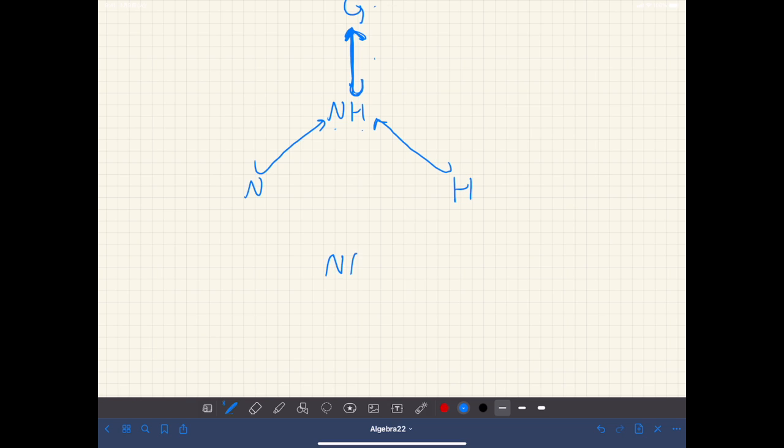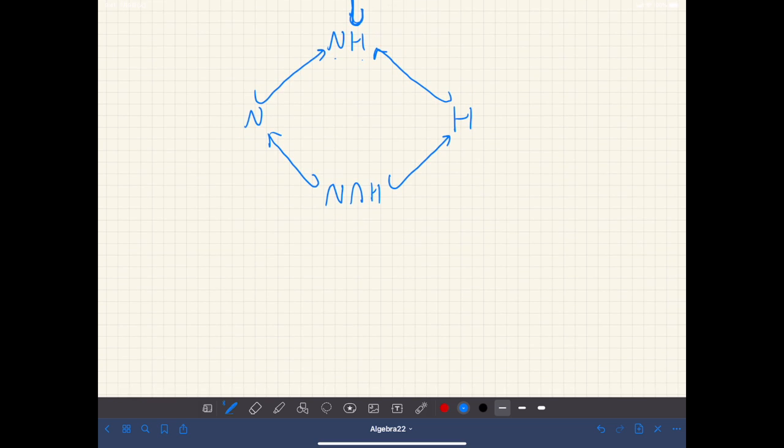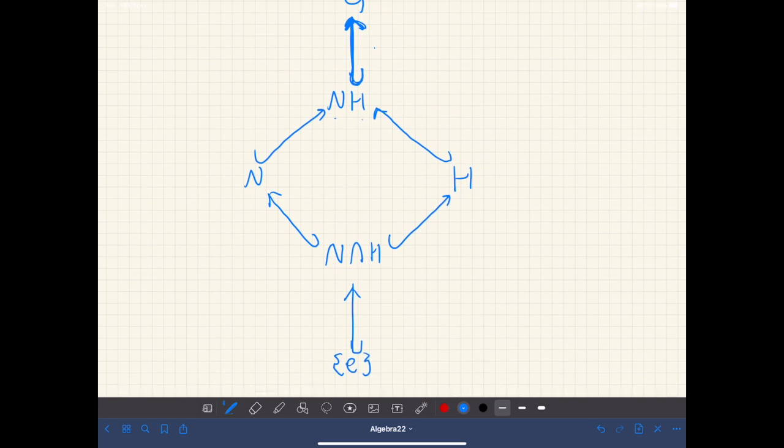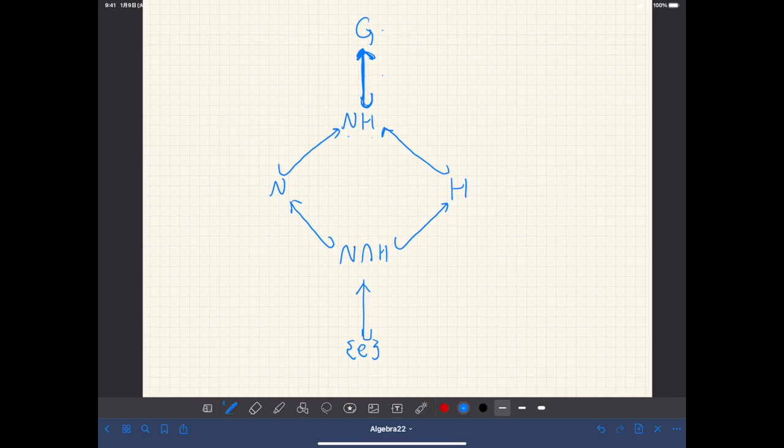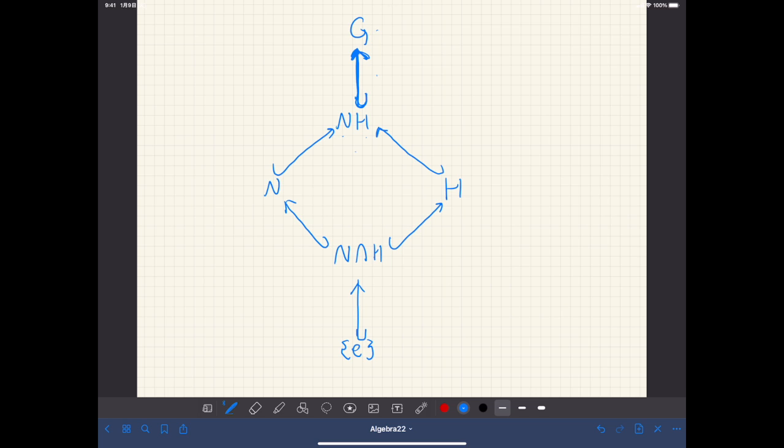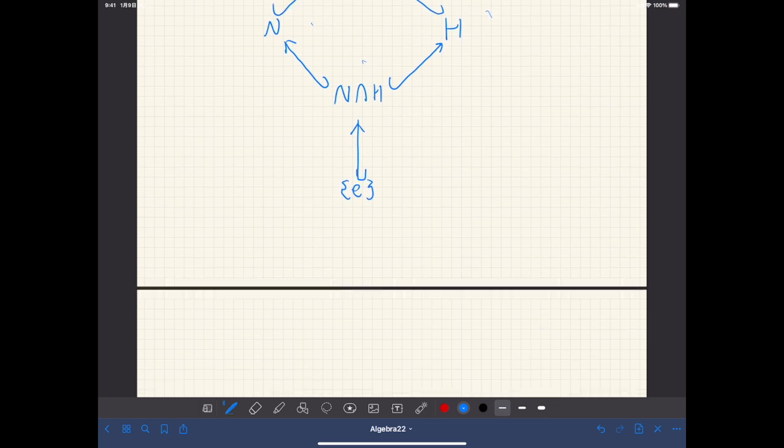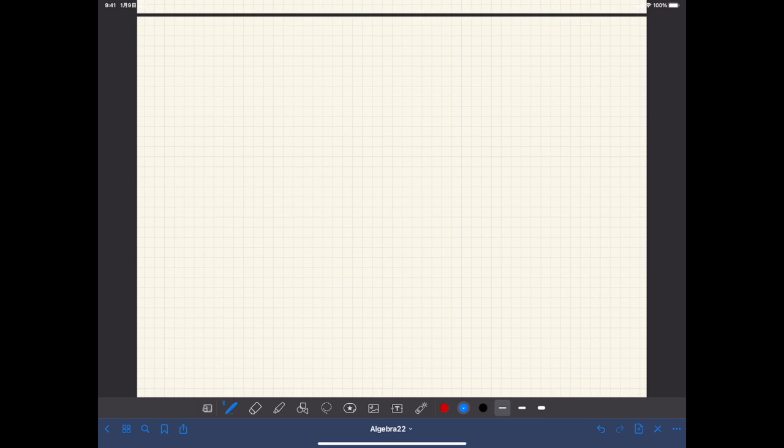And N cap H is embedded in both H and N, and into which we have a trivial subgroup. Again, this is an embedding. Okay, so we have this relation between different subgroups. So let's prove this theorem.